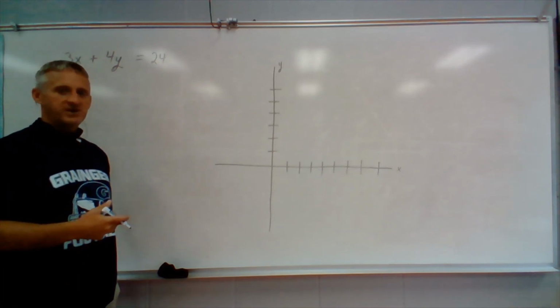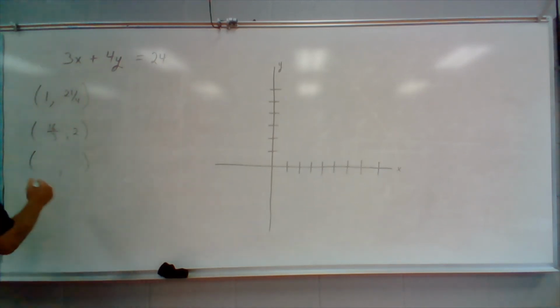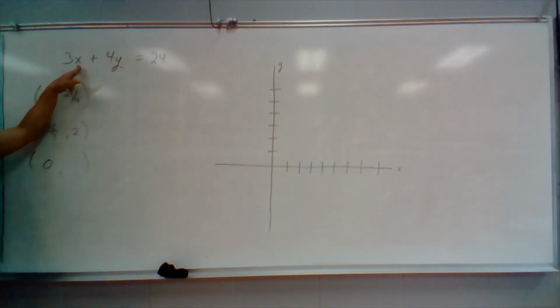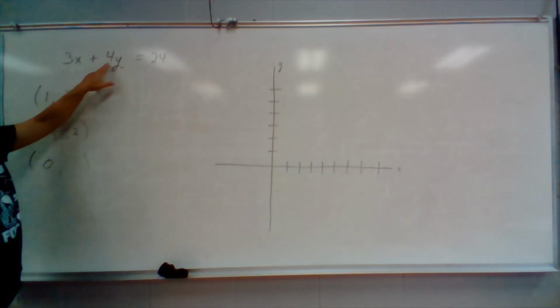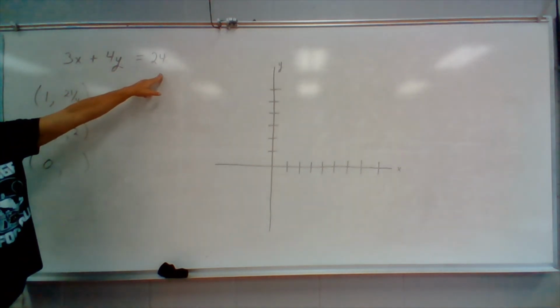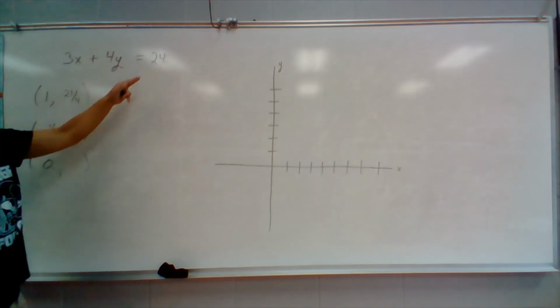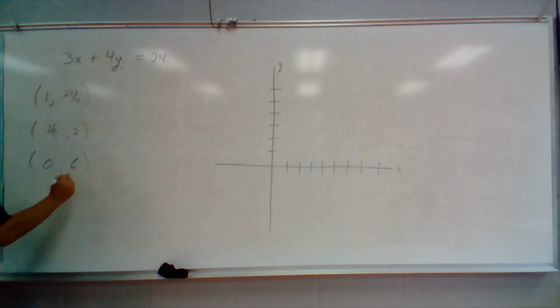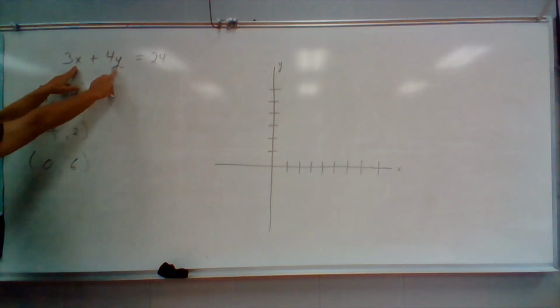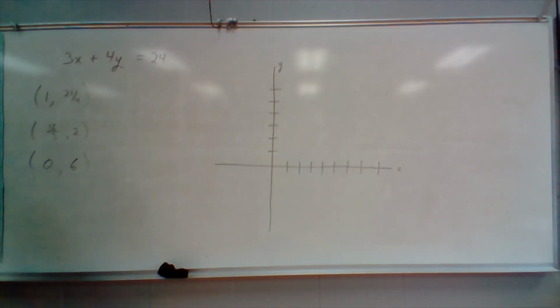So always try to be clever about the numbers you plug in. So if I put a 0 for my x, 3 times 0 is 0, and I'm left with 4y equals 24. So if I got 4y is equal to 24, divide both sides by 4, and y should be 6. So 0, 6 is a solution to this equation.